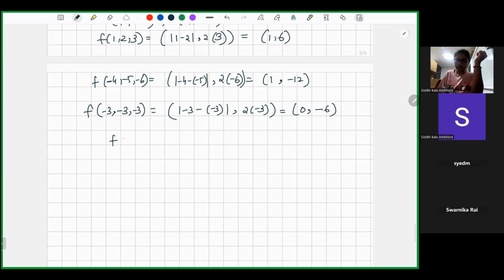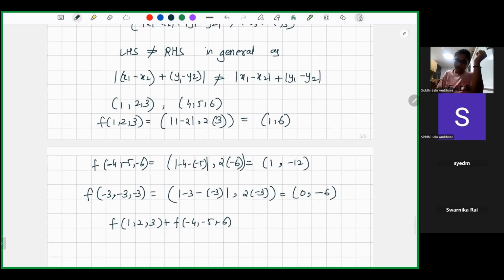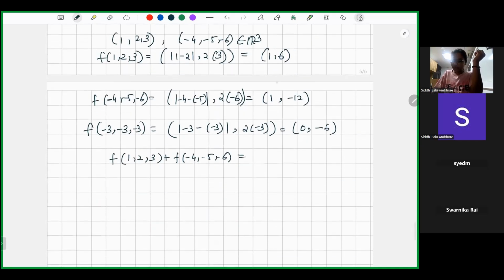So f of 1, 2, 3 plus f of minus 4, minus 5, minus 6 is the addition of these two, that is 2, comma 6 plus 1, comma minus 12.